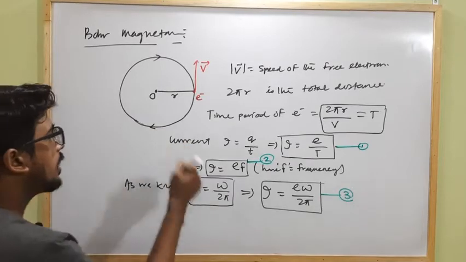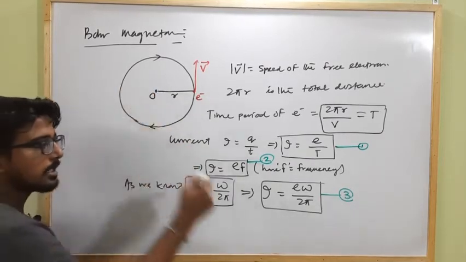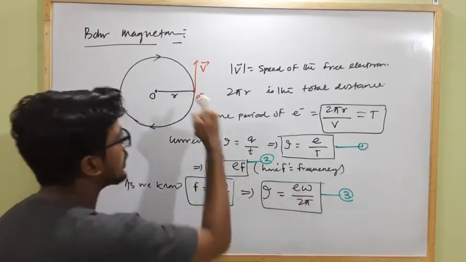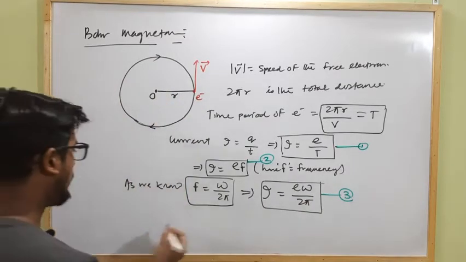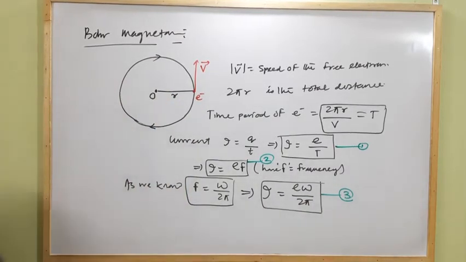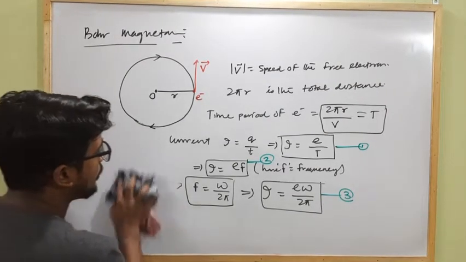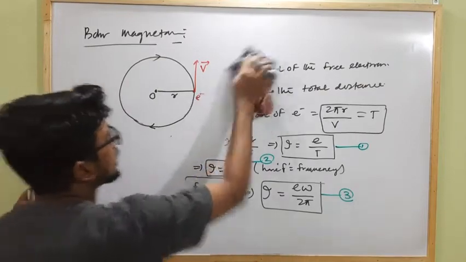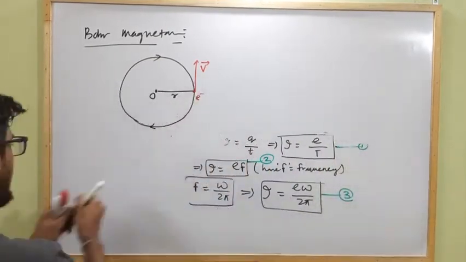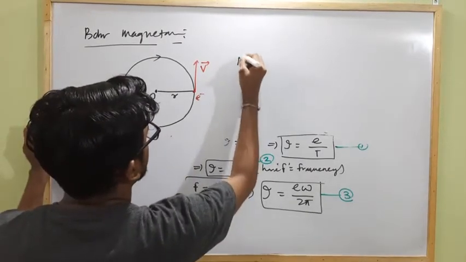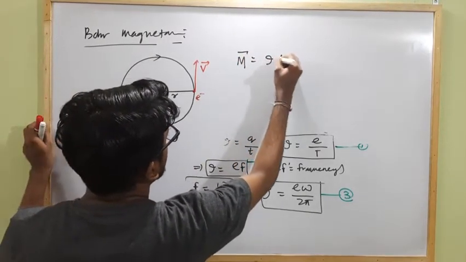Clear? So here, as the circular orbit carries a current I equal to this much, it also behaves as a magnetic dipole. And what is the dipole moment formula? If a current I is flowing through a coil, then the dipole moment, as we already discussed, is given as the M vector equal to I into A vector.